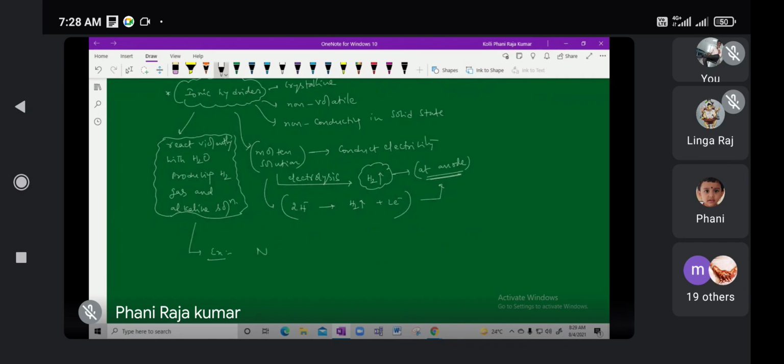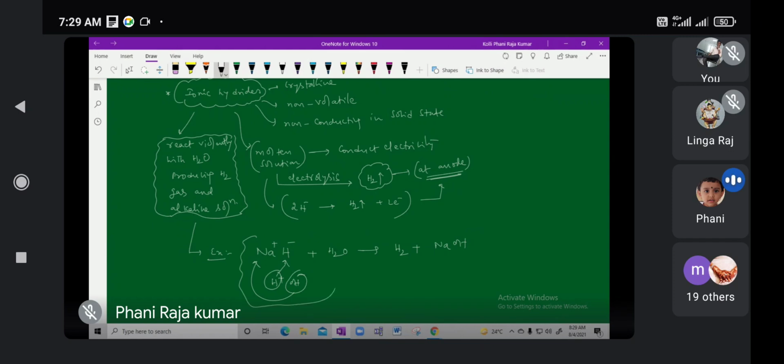Example: suppose I am taking sodium hydride plus H2O. Sodium hydride is Na+ H-, and water is H+ OH-. So OH- goes to Na+ and H+ goes to H-. Therefore, we get H2 plus NaOH.